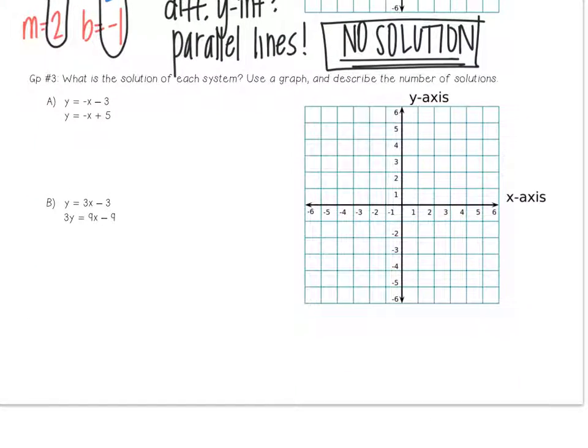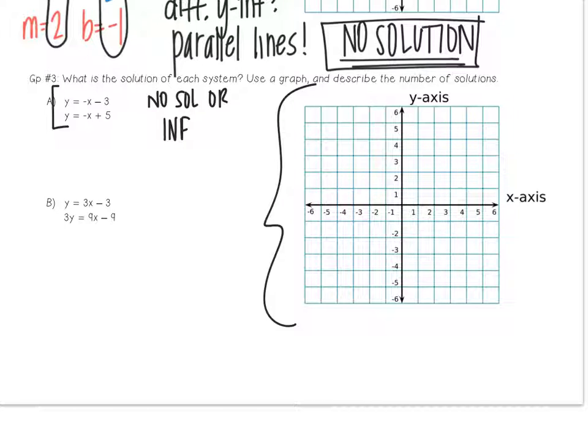All right, guided practice number 3. I want you to graph both of these on the graph and tell me whether it is no solution or infinitely many solutions. Okay? Do it for A and B, and then I'll get back with you with the answer.